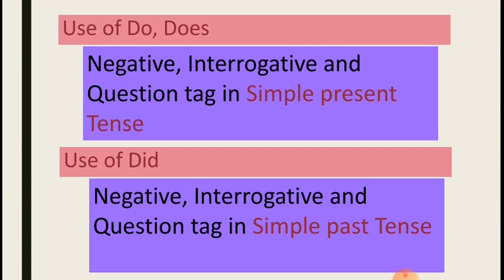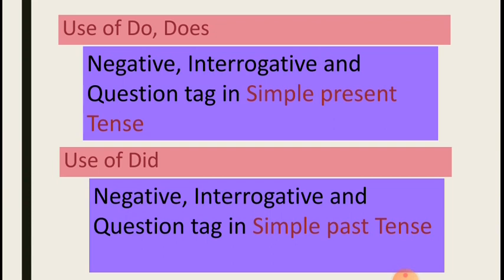So if a sentence is in simple present tense and we have to make it negative, interrogative, or add a question tag, then we will be using do and does.